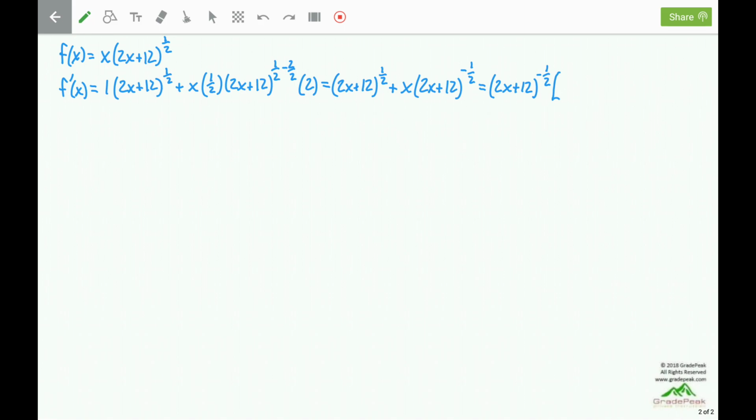So by factoring out 2x plus 12 to the negative 1/2, we will be subtracting a negative 1/2, which is equivalent to adding a 1/2 to each of the powers. Adding a 1/2 to this, 1/2 plus 1/2 is 2/2, or 1. And we will get 2x plus 12 to the power of 1, which is just 2x plus 12. Adding a 1/2 to this, negative 1/2 plus 1/2 is 0. And anything raised to the 0 is a 1. So we will have x times 1, or just x. So we have 2x plus 12 plus x left over after factoring.